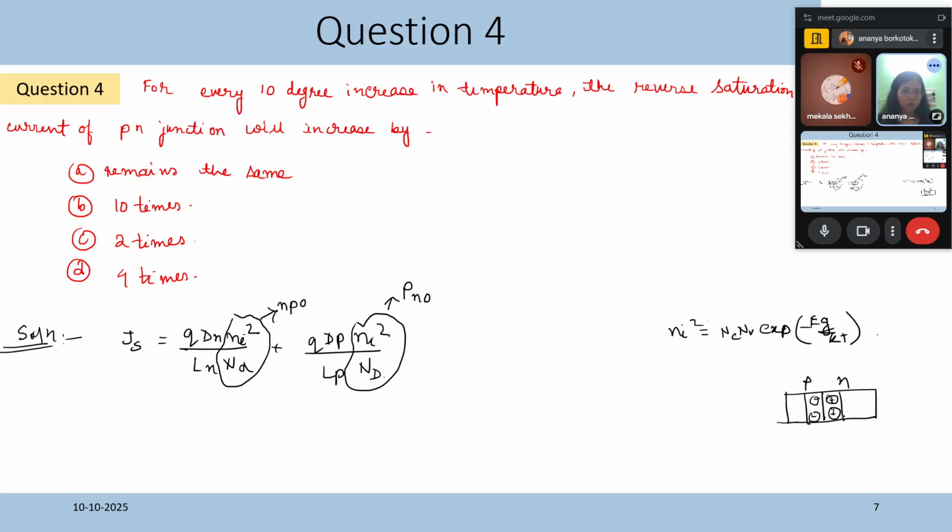The number of electron and hole pairs is increasing, and basically the current is increasing because ni is increasing. So what happens as temperature increases?